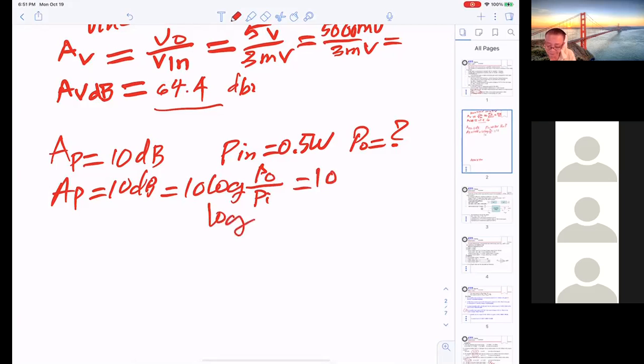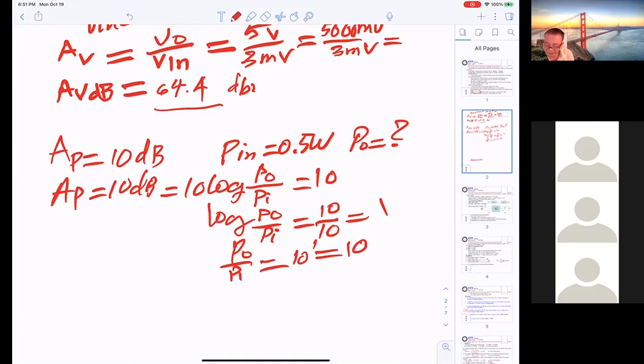So take the log out and solve for P out: P out equals P in times 10, which is 0.5 times 10. Okay, thank you. Welcome.